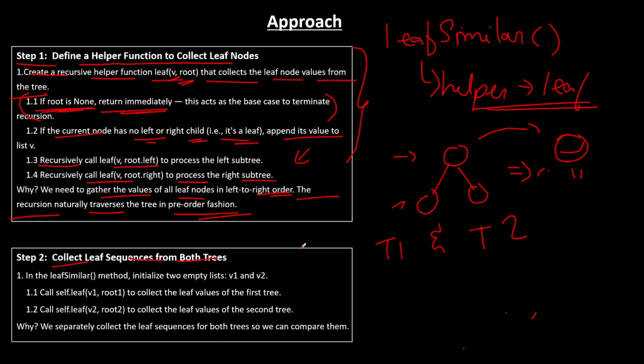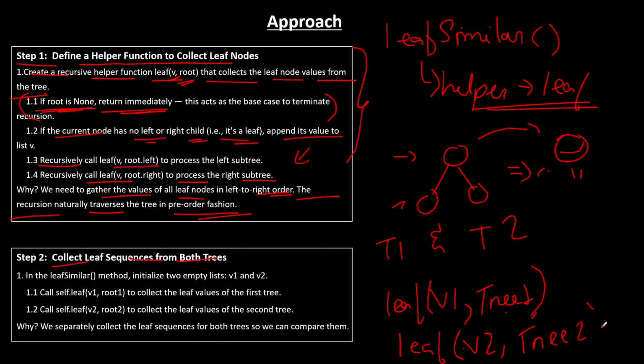Fine. So for the leaf function which we created, it will run for v1, the list 1, and tree 1. Again, we'll call the leaf function with v2, the list 2, and tree 2. Why are we doing this? We are doing this because we have to separately collect the leaf sequences for both the trees so we can compare them.